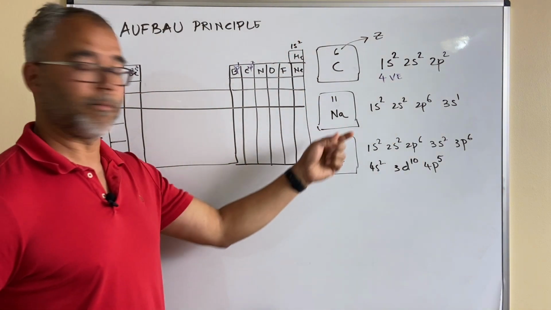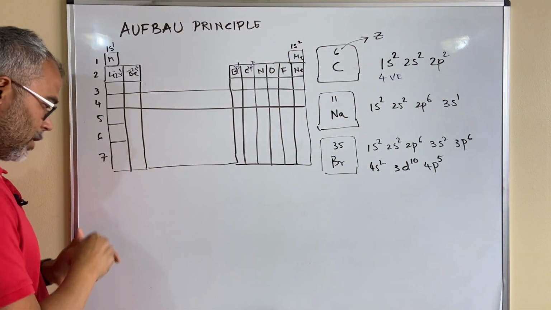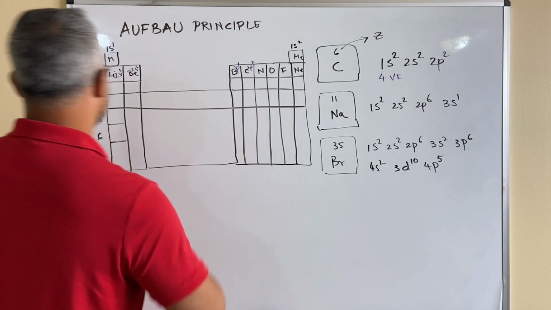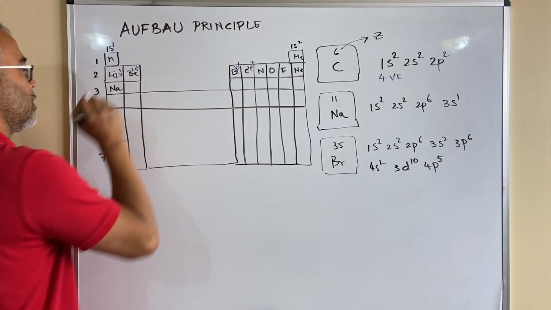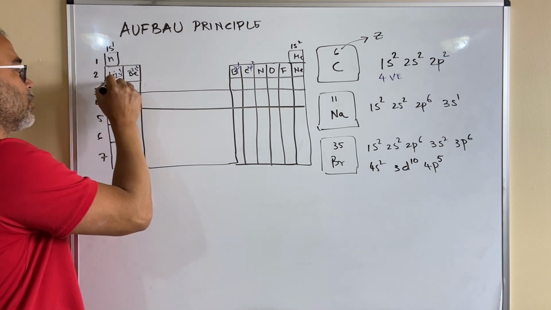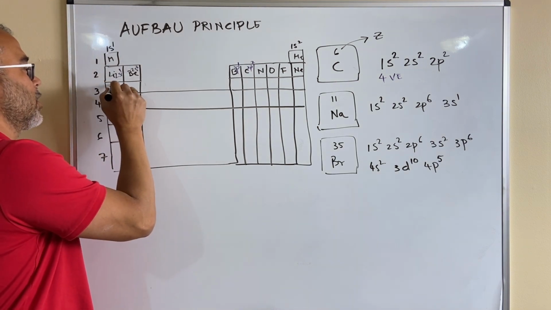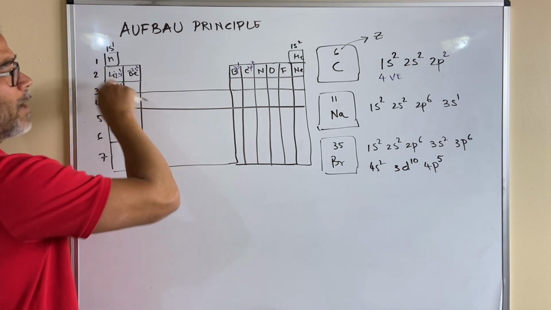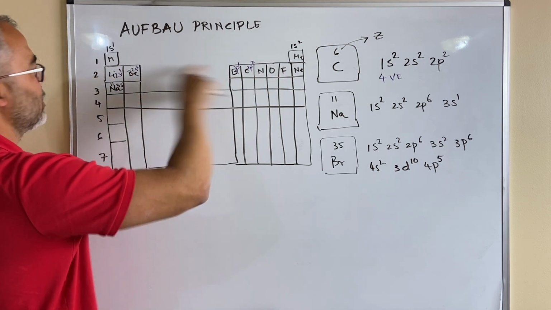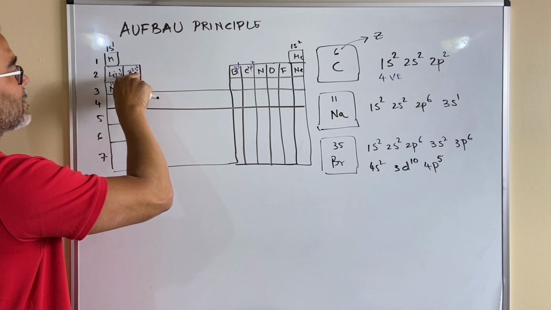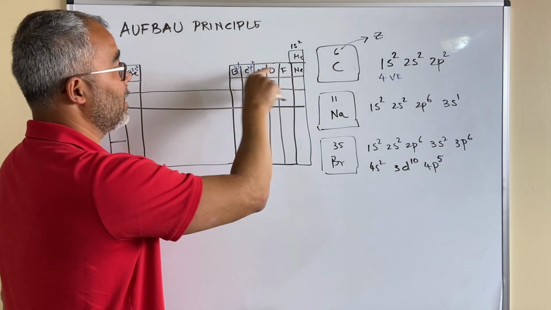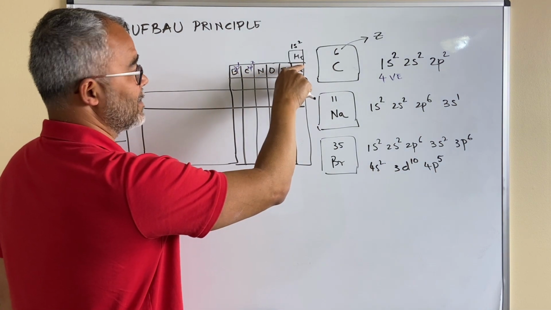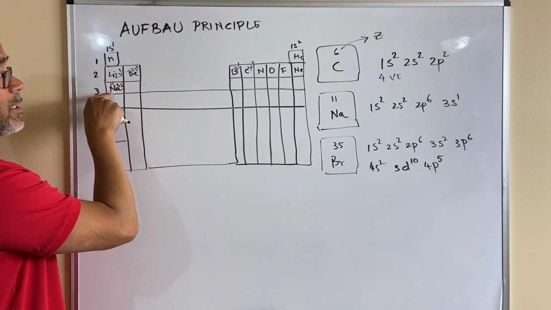Let's take a look at sodium. Same logic. It turns out sodium is sitting right here, and sodium has 11 electrons. So sodium has a 3s1 out here. What you have is 2s filled up, 2p going up to 2p6, and then it's a 3s1.